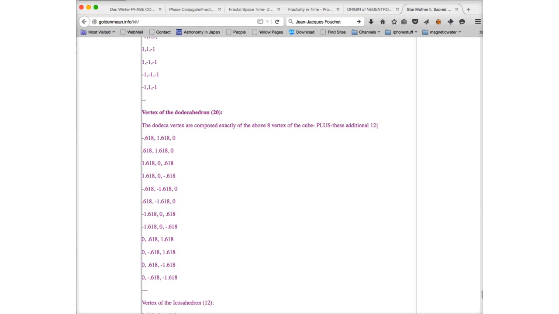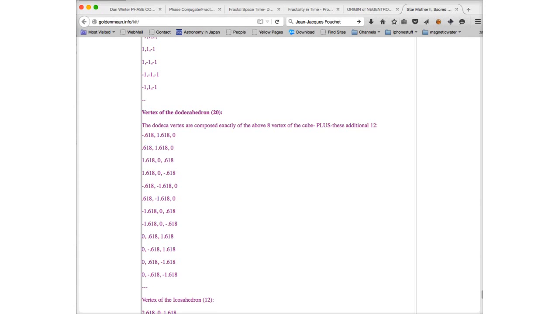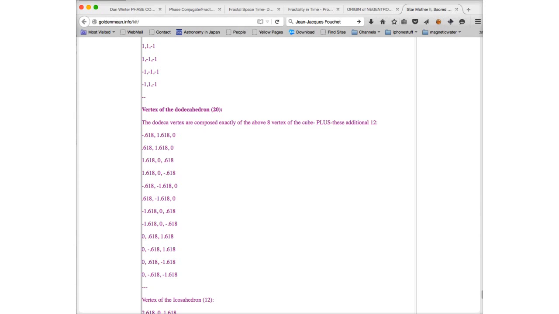But the vertex of the dodecahedron, that cube fits perfectly inside of, look here at what the vertex are. X, Y, and Z coordinate: 0.618, 1.618, 0, minus and plus. So 0, 0.618, and 1.618 are the coordinates of every vertex in that dodecahedron.